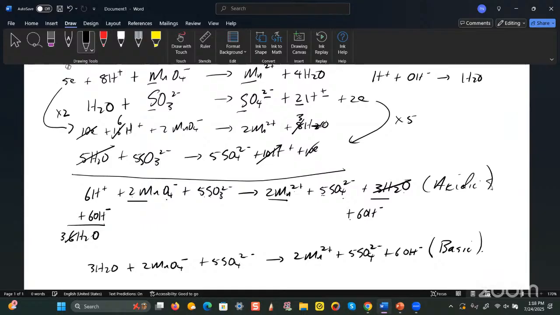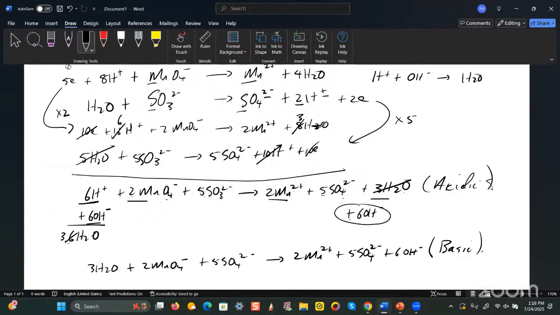All right? So basically, you do everything that we did when it comes to determining the equation in the acidic medium. And then, as I said here, whatever the number of H+ that you have on one side, you add the same number of hydroxide ions, and that will give you the same number of water molecules, right? And by the way, you have to add the same number of hydroxide ions to both sides, right?